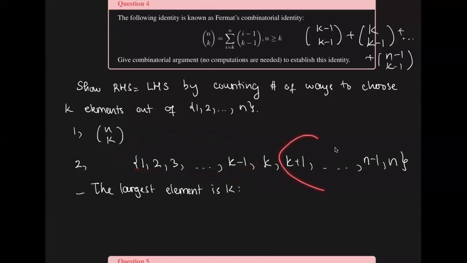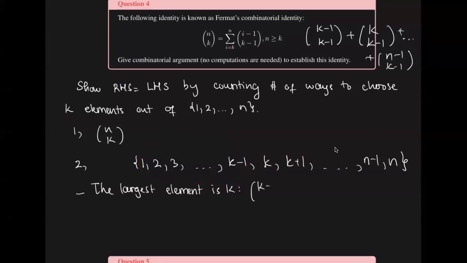It cannot be any in this set, because if it is, k wouldn't be the largest element chosen. So if the largest element chosen is k, then the remaining k minus 1 elements have to be chosen from this set.